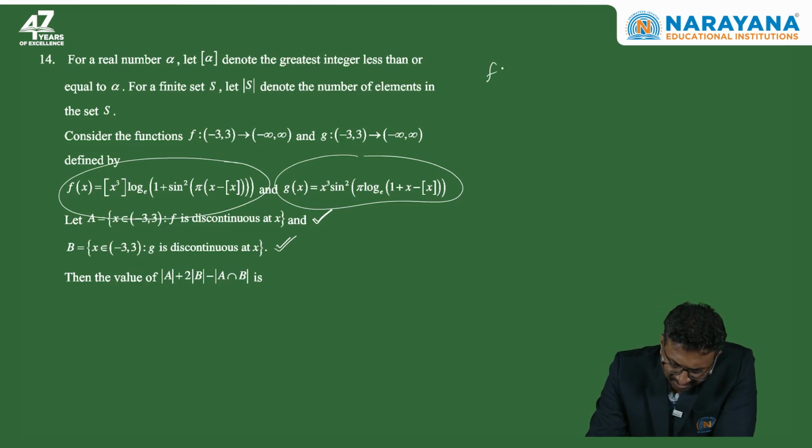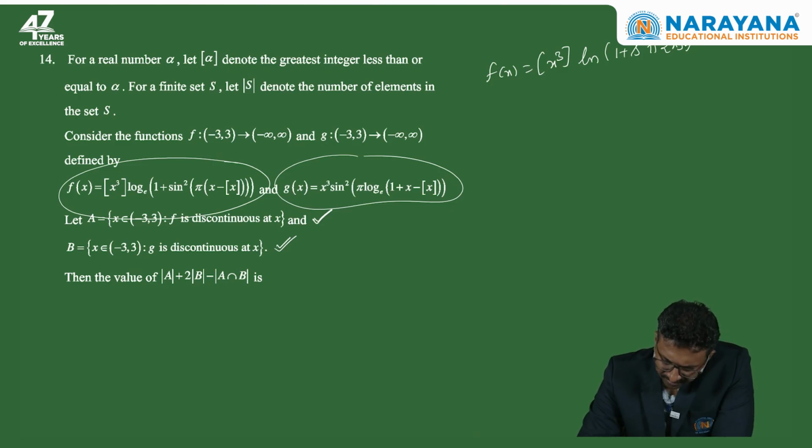So the first function, f of x is equal to integer part of x cube into ln of 1 plus sine square of pi times fractional part of x. So we are going to look from minus 3 to plus 3, right?